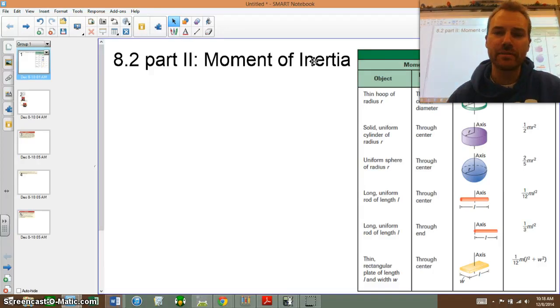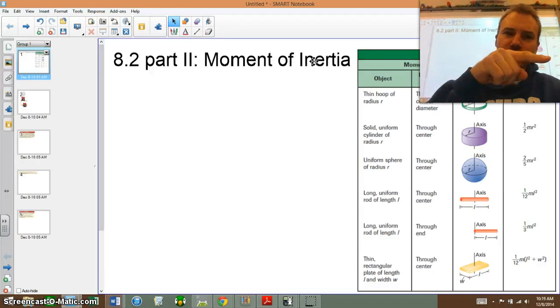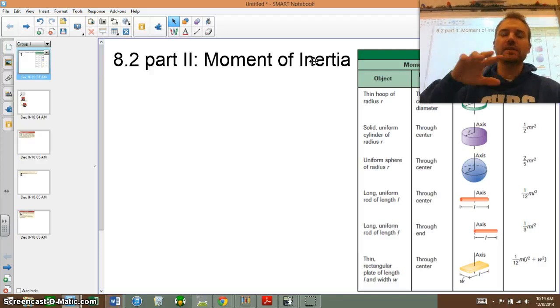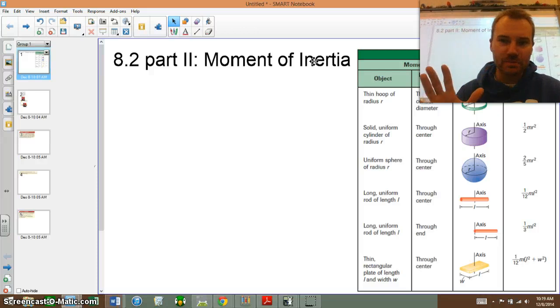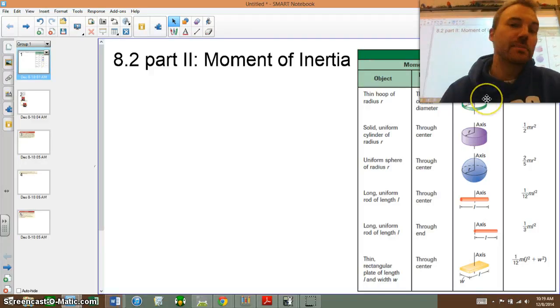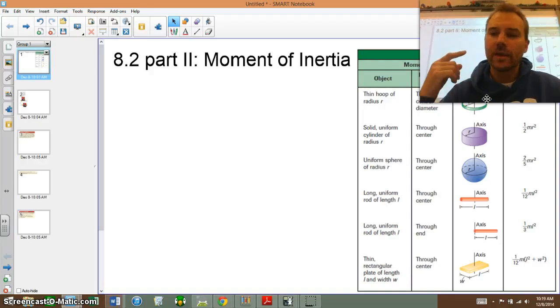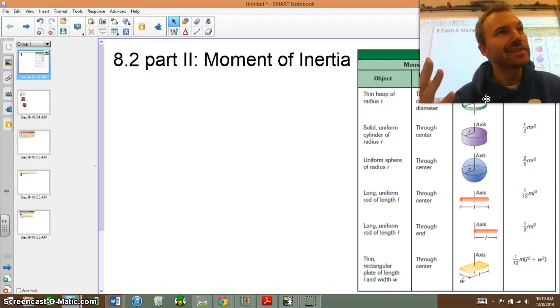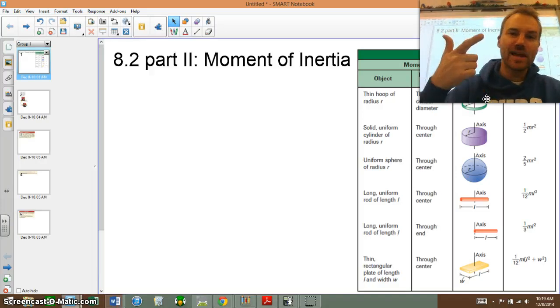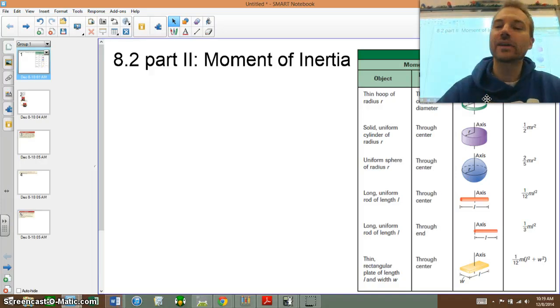Moment of inertia is the same thing, except instead of moving in a straight line, it's spinning. Some things are harder to start spinning, and some things are harder to stop spinning. It depends on, number one, their shape, and how much mass and where that mass is located. So shape, how much mass, where the mass is located.